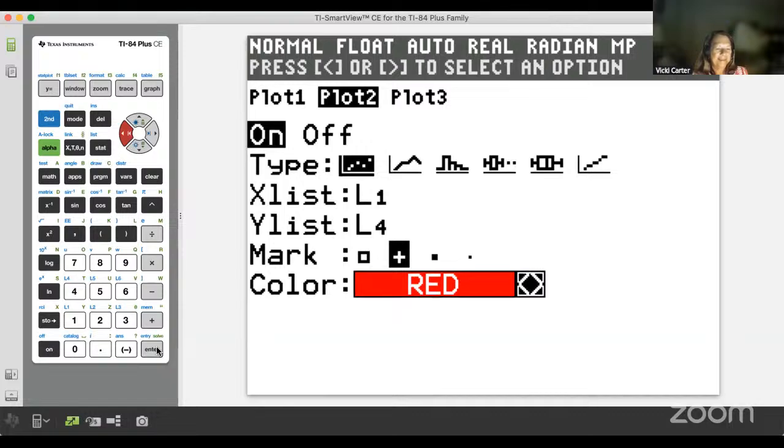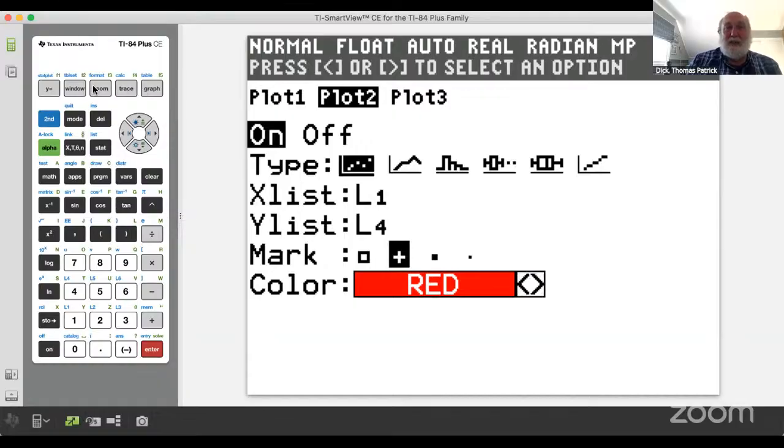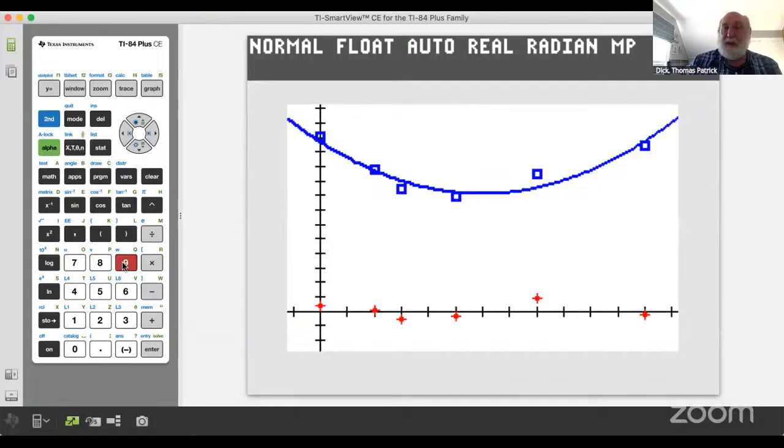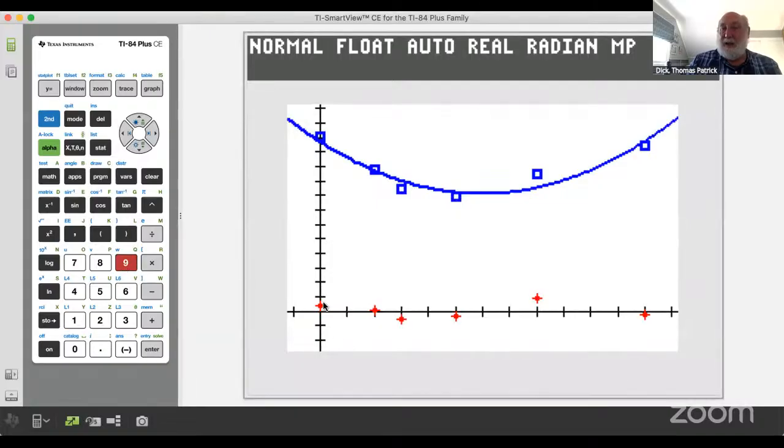Let's do a zoom stat. And there we've got them, and we've got the residuals down here.